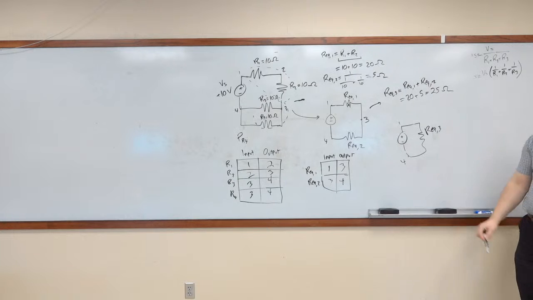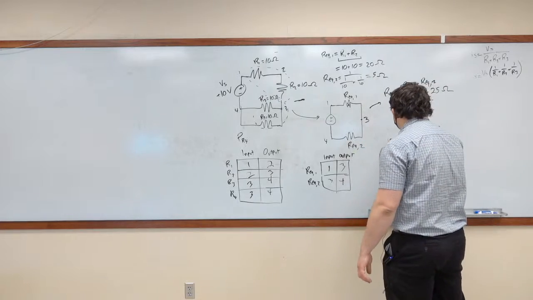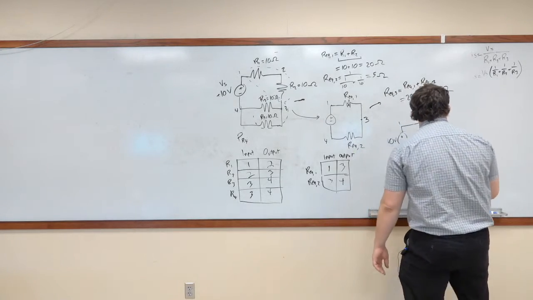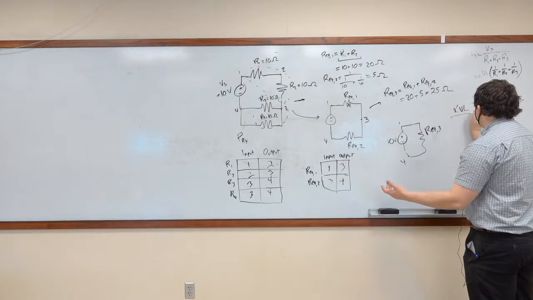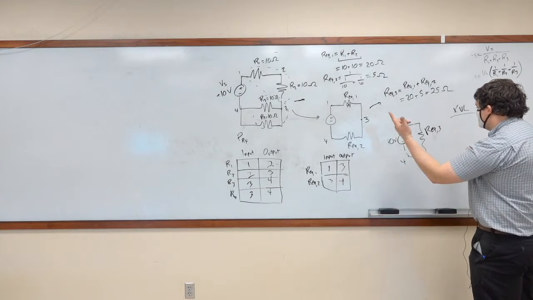And this is much easier because this is 25. So we have a 10 volt source voltage and we have a 25 ohm resistance. What is the current coming out of the battery? Well, if we do our KVL, KCL for this system, we have one loop.